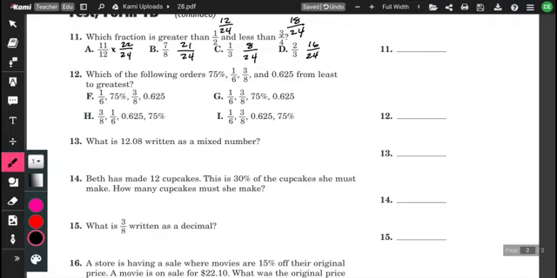We're looking for numbers between 12 and 18. 22 is too high, 21 is too high, 8 is way less than 12. So our last answer, 16 over 24, would be our answer, which is letter D.